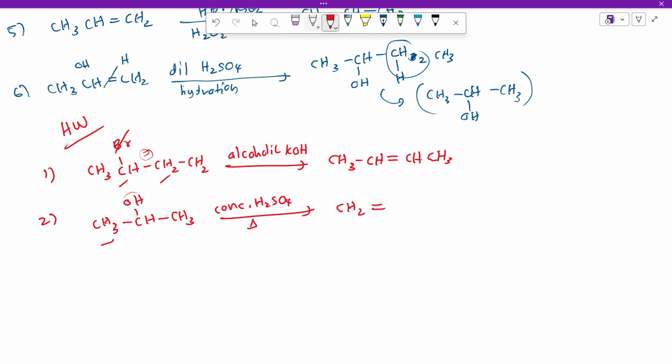I removed the hydrogen from here, and this also removed. Double bond CH, double bond CH, 3 bonds here, and then a CH3, CH3, CH2, 4 bonds here, okay, 4 bonds, okay. That's the way.